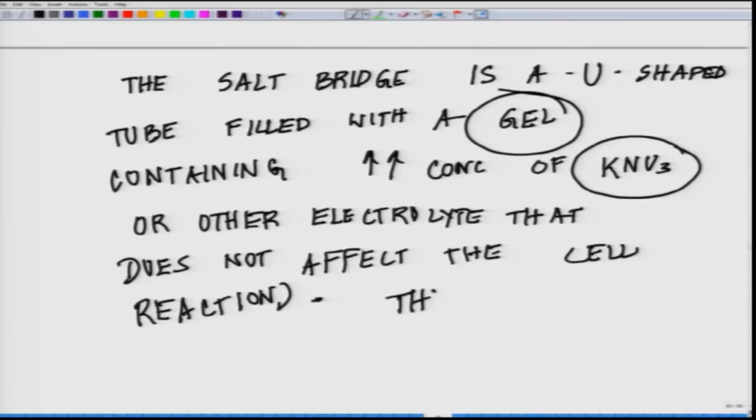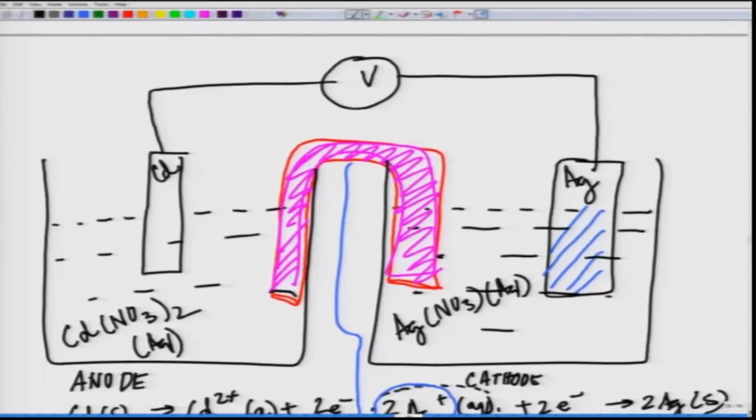The ends of the bridge, these parts we are talking about, are filled with porous material.